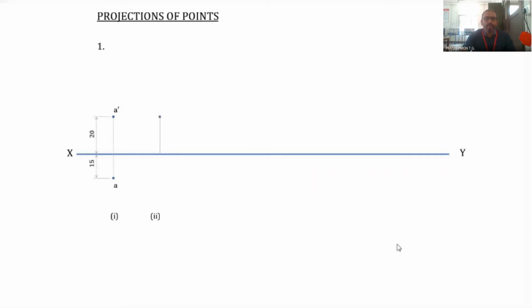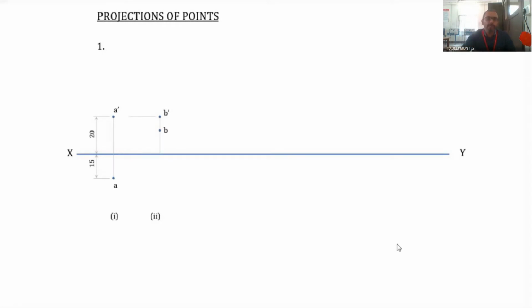So the point is B. The point B dash is 20 millimeter above the XY line, and since the point B is behind the VP, when we rotate the horizontal plane 90 degree clockwise, whatever is on HP which is behind VP comes above the XY line. So likewise we rotate it. So here is B.